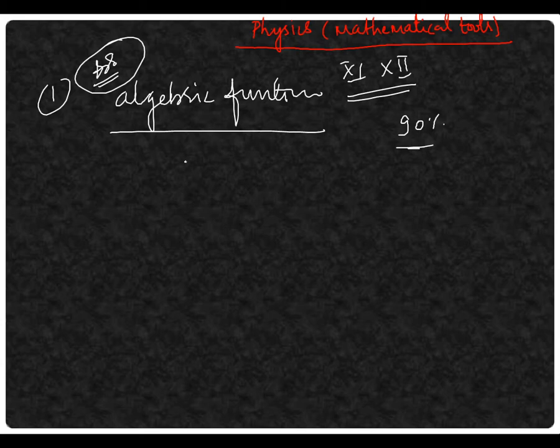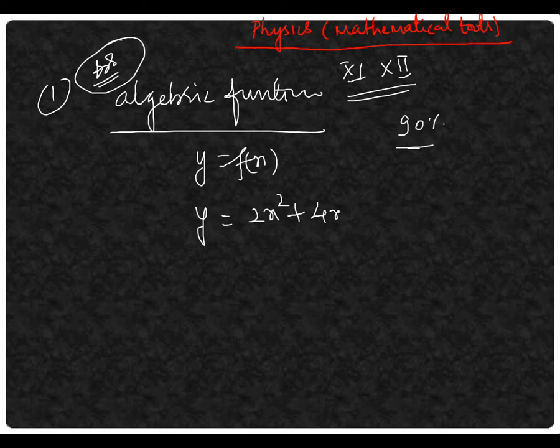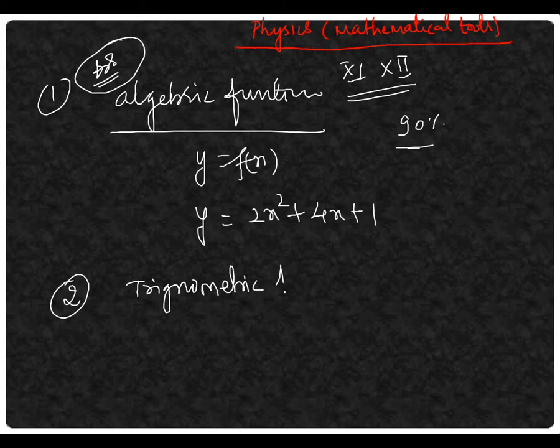The algebraic function y equal to f of x is written in terms of a polynomial, like 2x plus 1. In lower classes we have already studied polynomials. The second one is the trigonometric function.